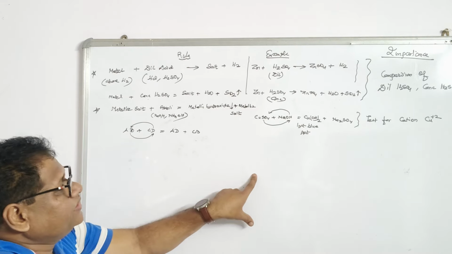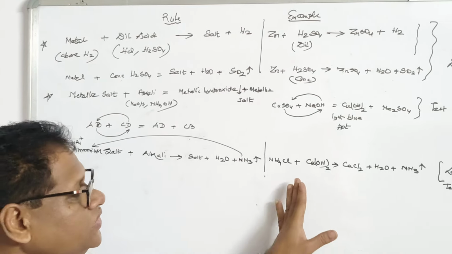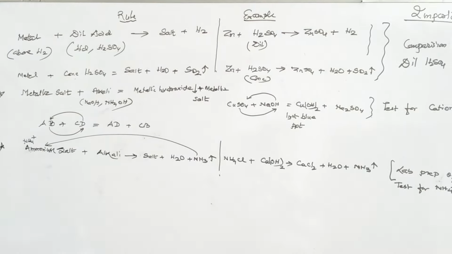Now we have discussed this chemical equation in the lab preparation of ammonia, so if a question is asked on that, you can give this equation. This equation also justifies the presence of ammonium radical. There is no more test for the presence of ammonium radical in the salt. So any ammonium salt reacts with alkali to form salt plus water plus ammonia. So this is the importance.